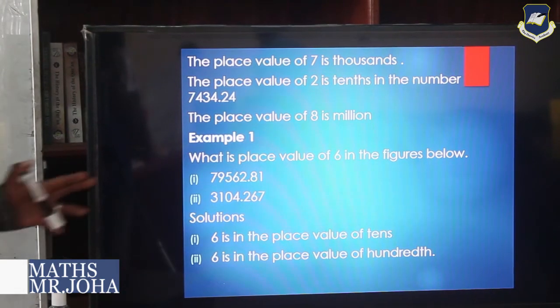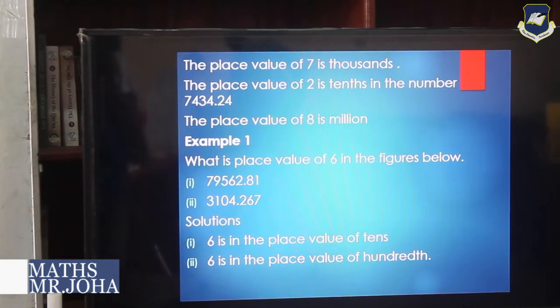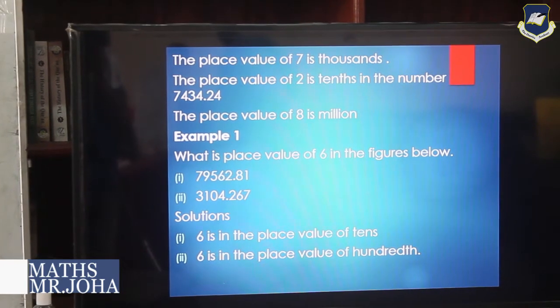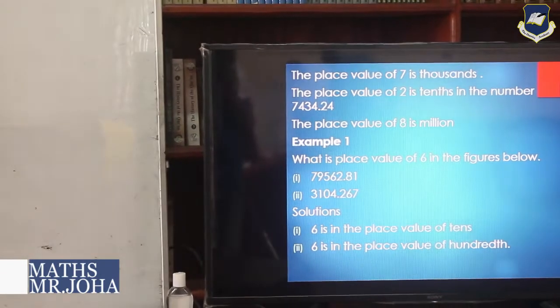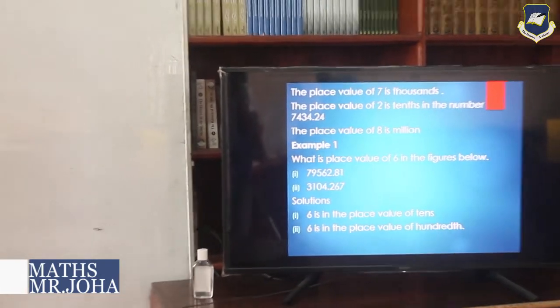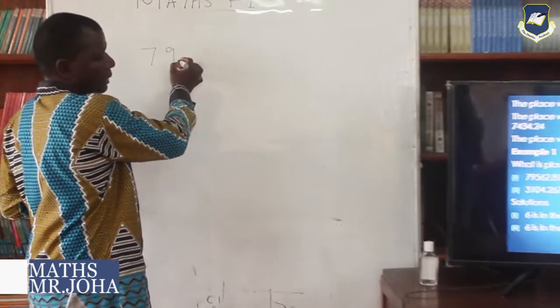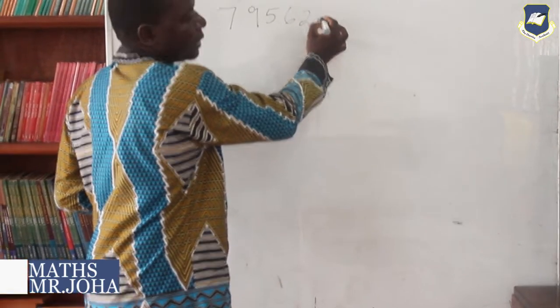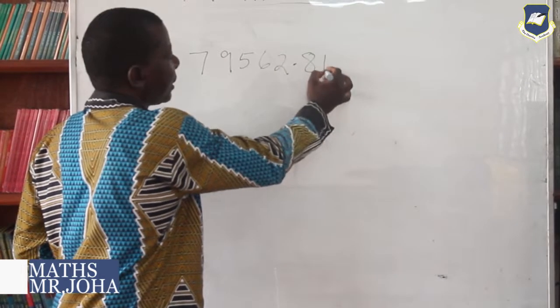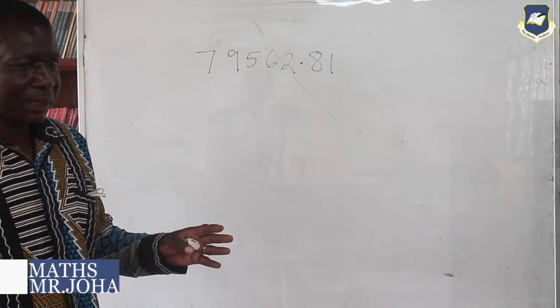And the figures, we have one which is having a number 79,562.81. We only want the place value of 6. So in this number, 79,562.81, what is the place value of 6?